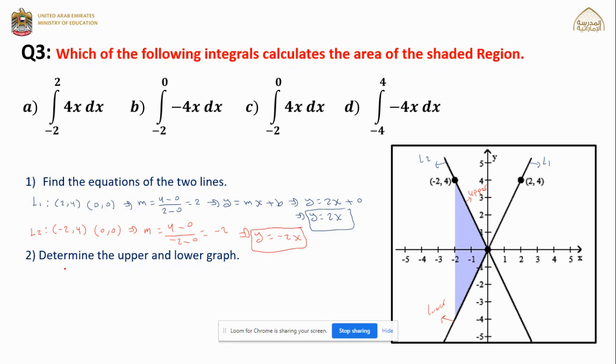So y equals 2x is the lower, and y equals negative 2x is the upper. This is the upper, and this is the lower.